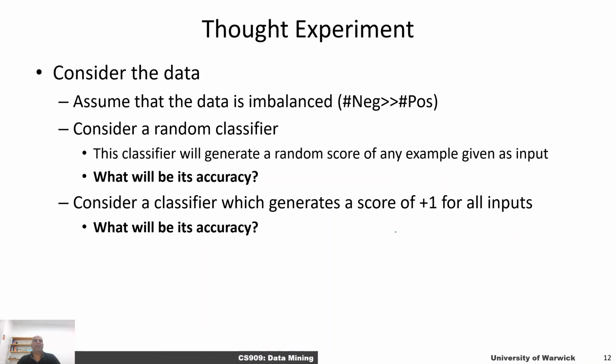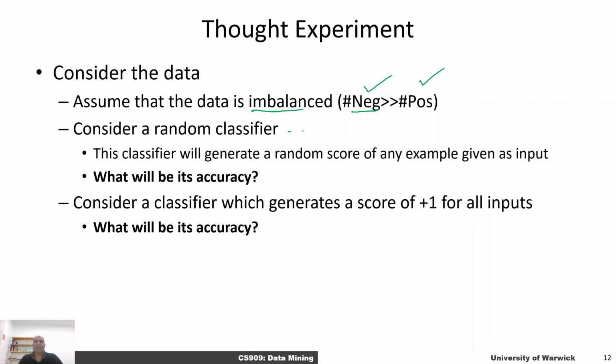Okay. And here's the other thought experiment that I want you to play with in your head, and you can also use paper and pencil. Let's say the data set that you have is imbalanced. That is, the number of negative examples is much, much larger than the number of positive examples.